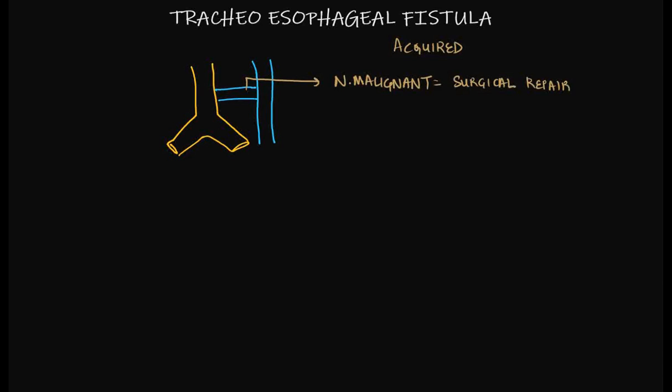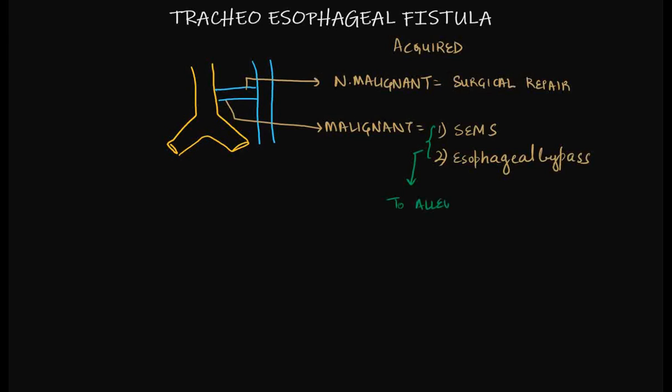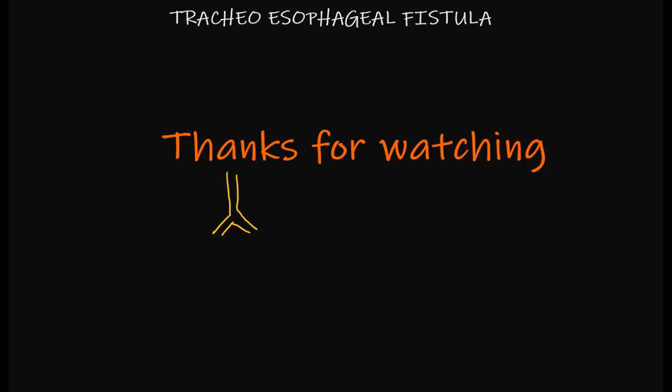However, if it is of the malignant variety, then the treatment is individualized and is usually palliative with self-expanding metallic stents or esophageal bypass. All this is done in a bid to prevent aspiration and the leakage of esophageal contents and its further complications.